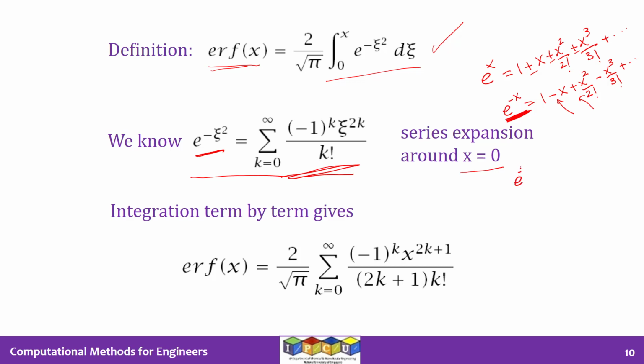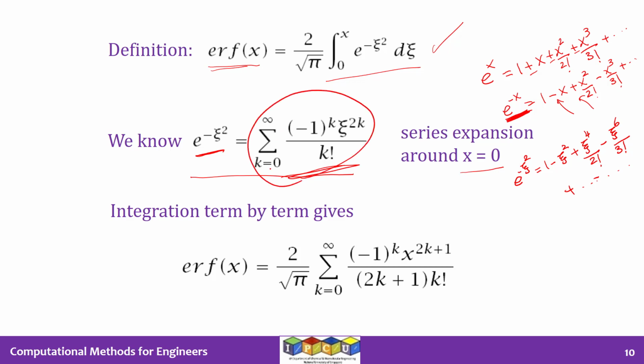So e to the power of minus psi squared will be equal to 1 minus psi squared plus psi squared squared, so psi to the power of 4 divided by 2 factorial, minus psi to the power of 6 by 3 factorial, plus minus and so on. I can represent the right hand side in compact form like this as what is given here.